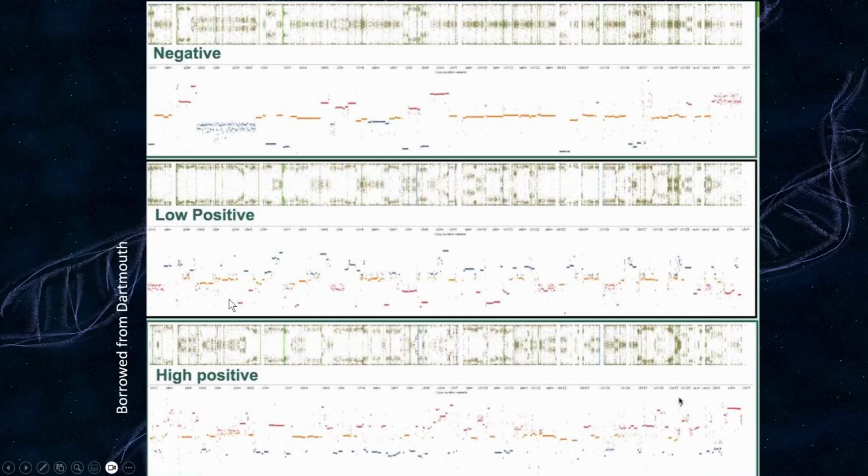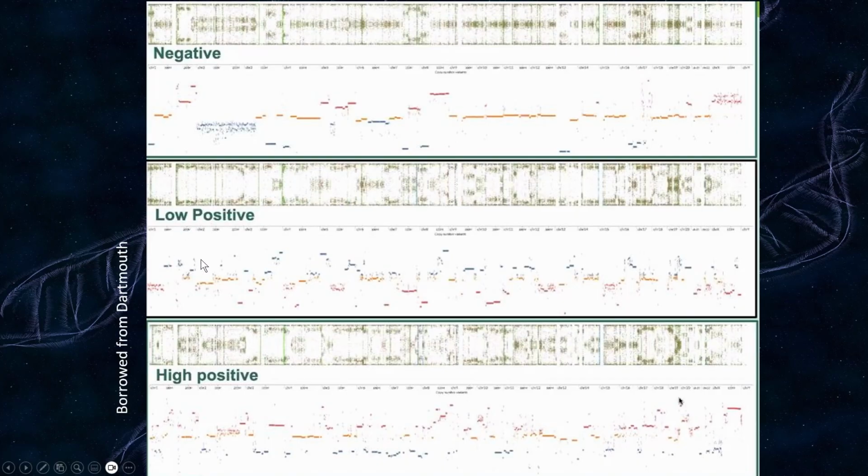And here was one also borrowed from another lecture. I'll get some of my own eventually, in the near future, I think. But here we're showing some negative cases, low positive and high positive. So this is showing over everything. It's a little small, but you can see the different chromosomes lined up here, one after the other. Sometimes you'll see some normal variations, particularly around telomeres and maybe centromeres, so you'll have some in the background. So this was a negative case.